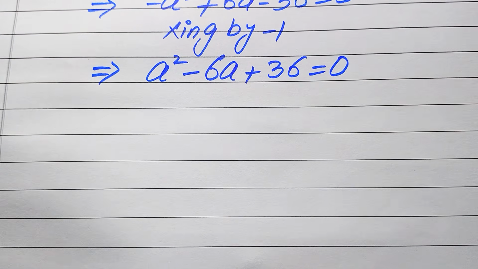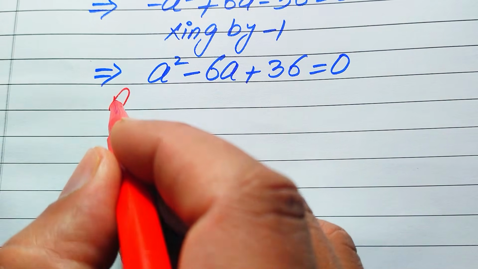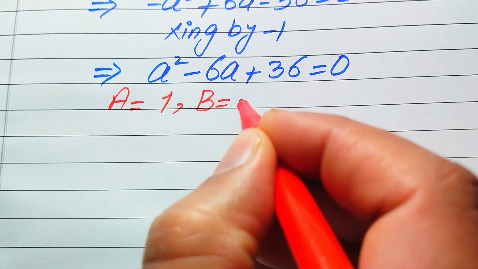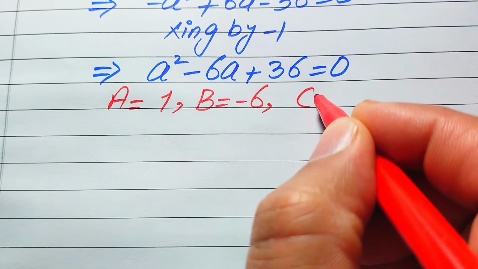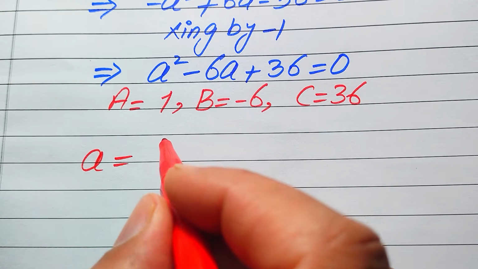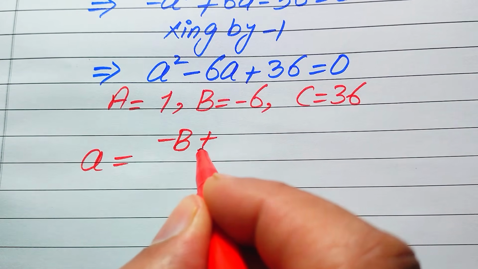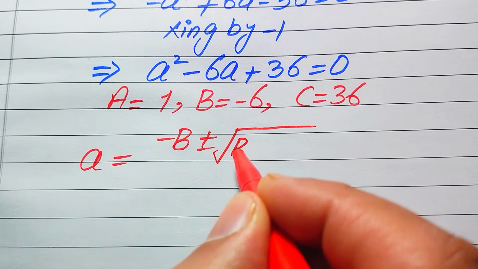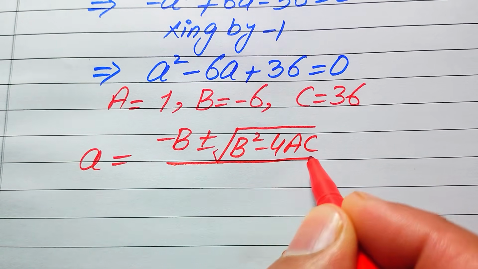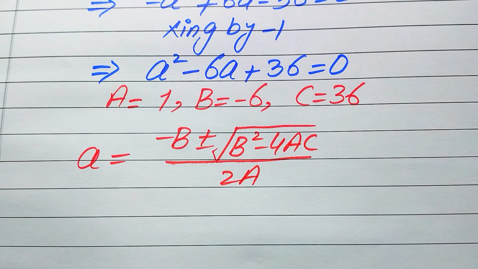For this we write the coefficients of this equation: a equals 1, b equals minus 6, and c equals 36. And we state the quadratic formula as a equals minus b plus minus square root of b square minus 4ac, divided by 2a.